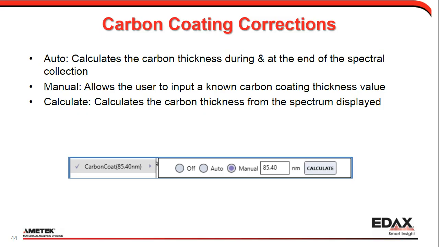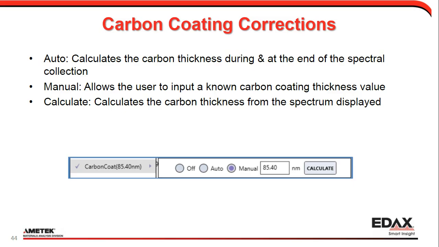Manual is used when you know the thickness of the carbon coating. If your sample contains carbon, carbon from the coating will be deducted from the quant results, and the carbon weight percentage will be adjusted accordingly. Calculate is used to calculate the carbon coating thickness from the spectrum displayed.